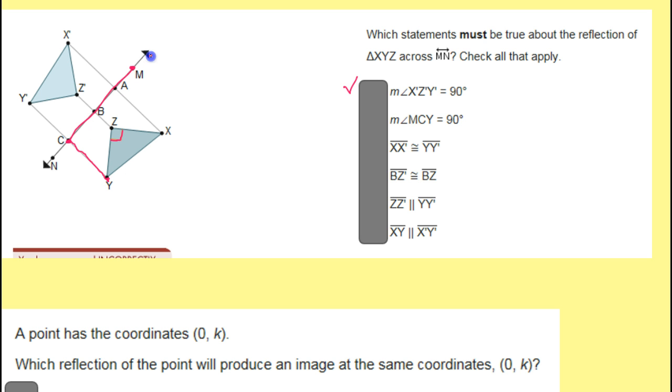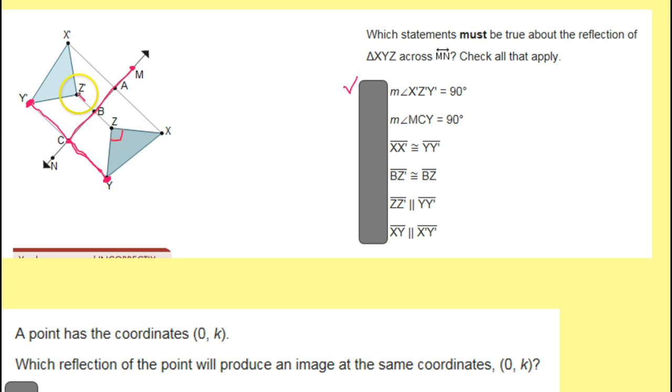Well, this angle includes the reflection line and the line created if you connect the image and the pre-image. Those are always going to be perpendicular, because when you do a reflection, for example, from Y to Y prime, a reflection is always forming a perpendicular line. So from Y to Y prime will be perpendicular to the reflecting line.